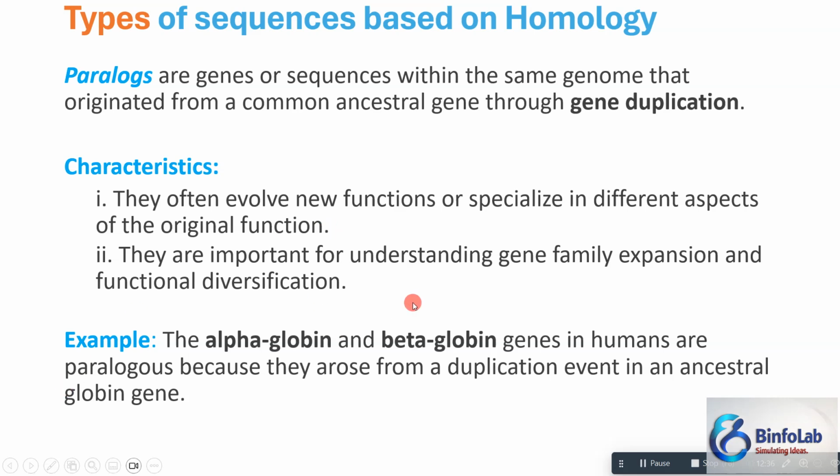If you see, both the alpha and the alpha dash are present in the same genome of human. So in this case, the alpha and the alpha dash, the beta and the beta dash in the globins are actually paralogs.